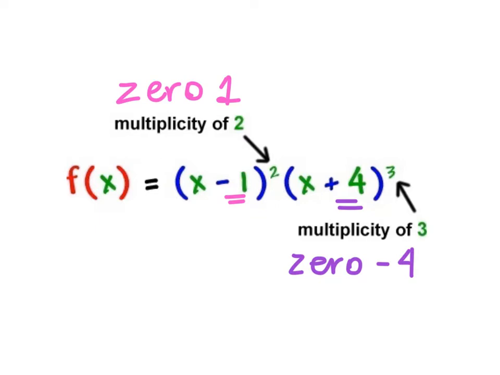So multiplicity sounds a lot like multiplication or multiple, so that just tells me that I have multiple roots that are going to be 1, and in this case it's 2. On the same side, we have this positive 4, which will result in a negative 4 zero, or root, and that's going to have a multiplicity of 3 because the degree of this part is going to be 3.